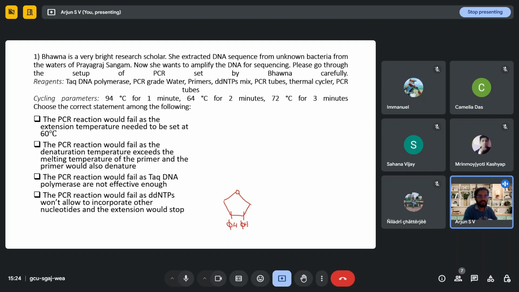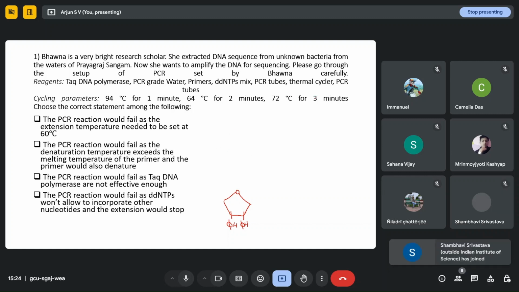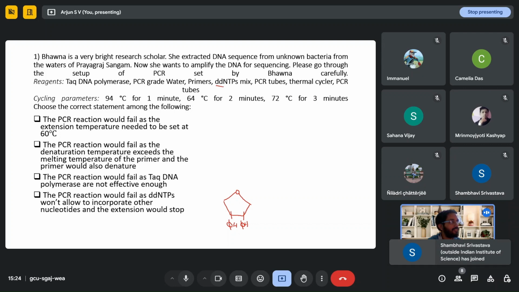Here they are given that they are using a ddNTP mix. Instead of ddNTPs, what we typically use in a PCR is just dNTPs, deoxynucleotide triphosphates. So if you use ddNTPs instead of dNTPs, the extension won't happen. The extension would stop basically.